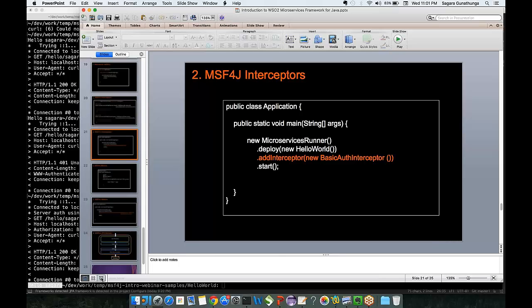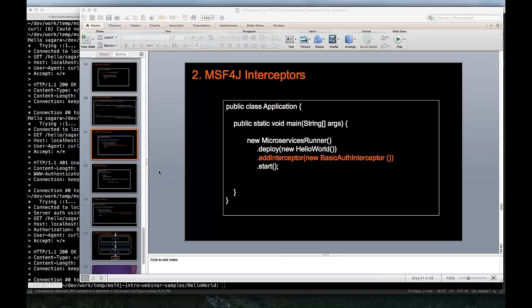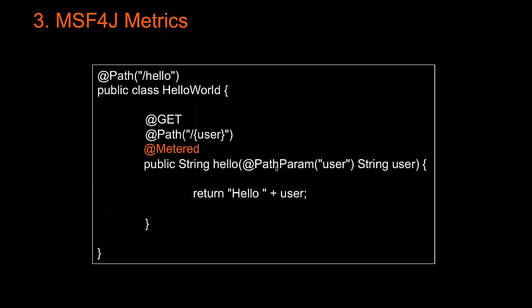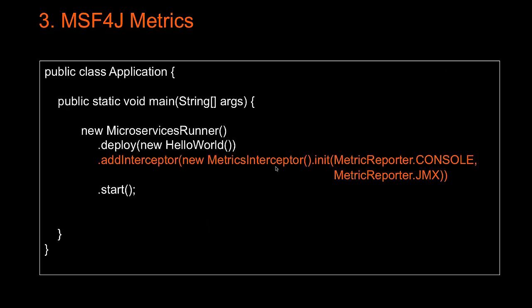Again, I'm going to use the same hello world sample, and I'm going to annotate it with these metrics annotations. So here now you can see the sample. I just added the Metered annotation to the resource method. Then in the application class, under the main method, I have to add a built-in interceptor called the metrics interceptor.